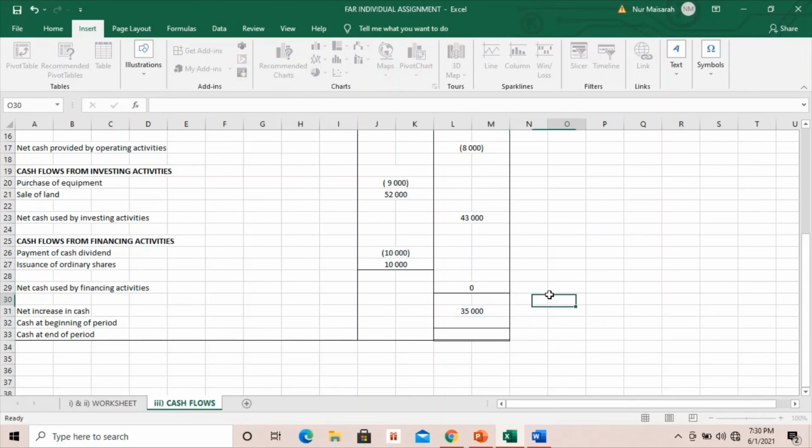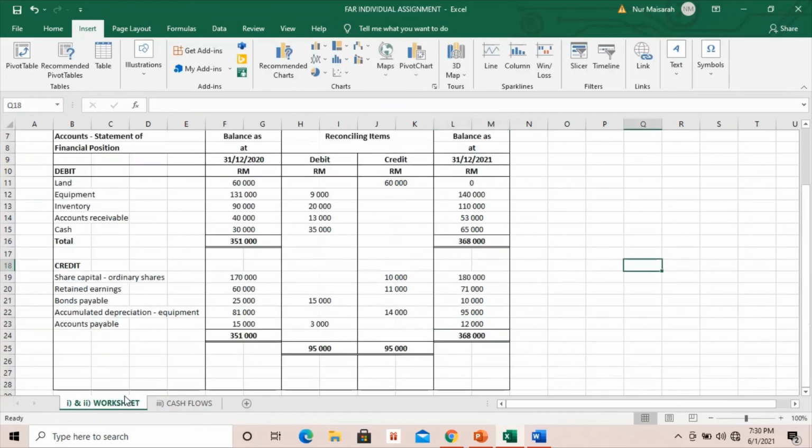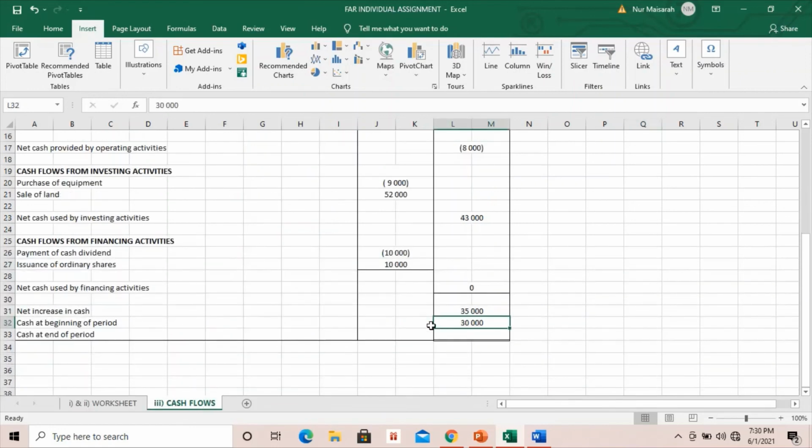And then cash at beginning of period, the amount is 30,000. We take the amount 30,000 from the beginning balance. So we total up, we will get 65,000.